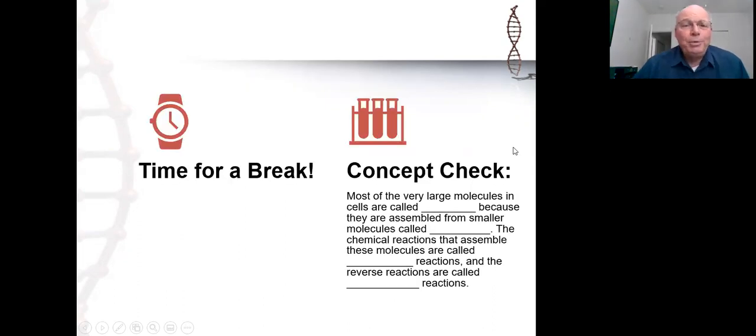So, quick break. I know we haven't covered much ground as far as the polymers and monomers are concerned, but I think it's important to stop at this point just to remind ourselves again via a concept check question what it is that we're talking about.